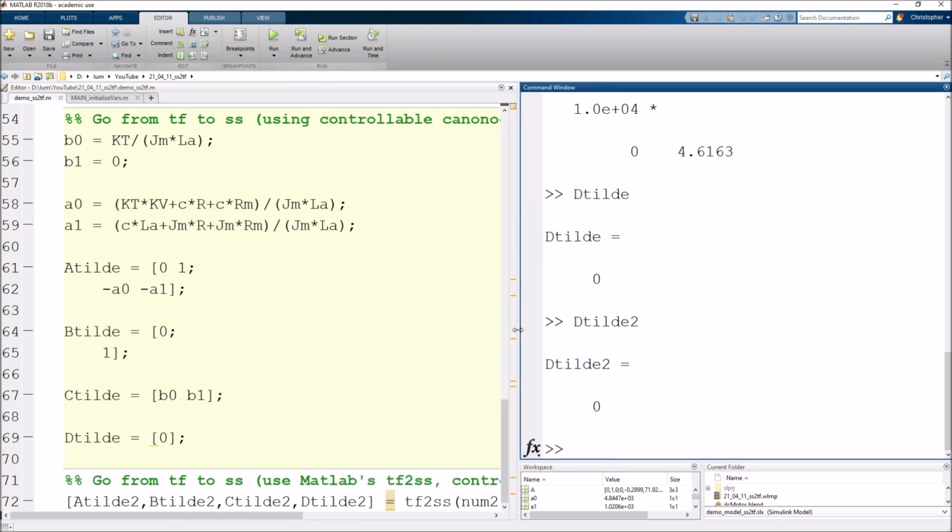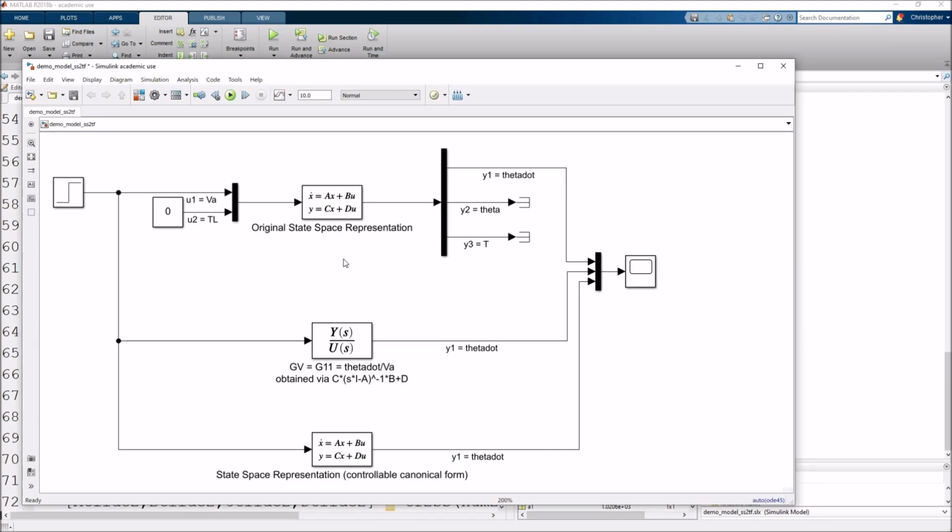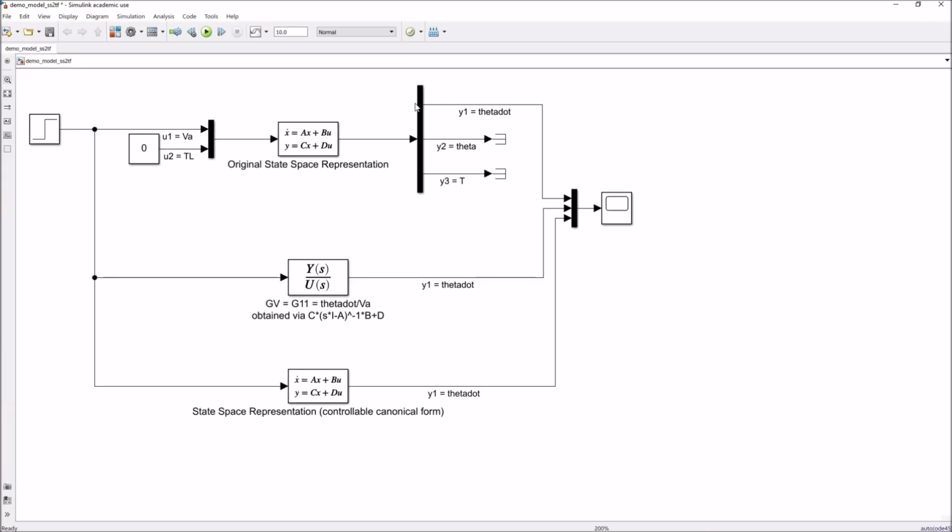Again, just to check ourselves, let's come back to our Simulink model. Let's go ahead and get another state space representation, right? Let's get this here.